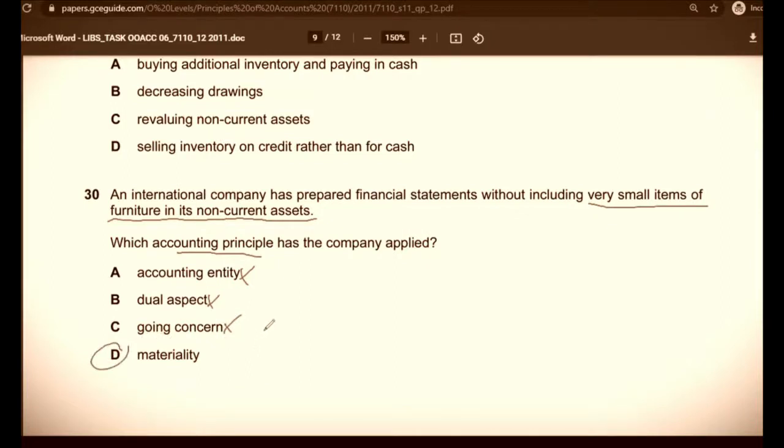It's about materiality. Since these items are very small, they are not worth capitalizing. Therefore, the company just excluded them from their non-current assets. Therefore, the correct answer to multiple choice 30 is option D.